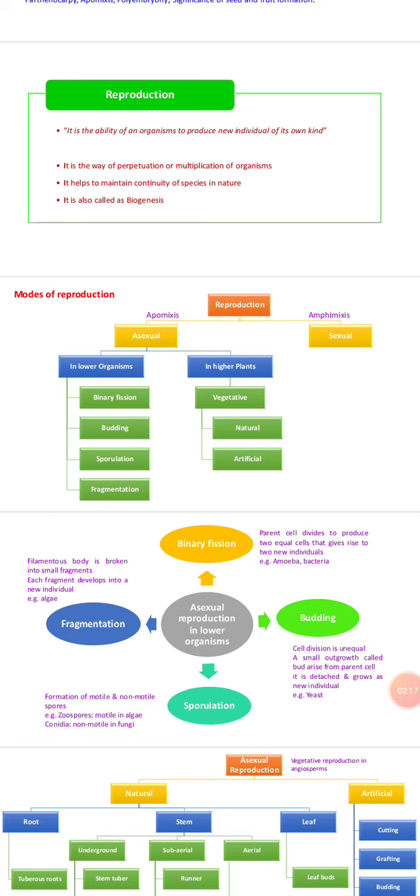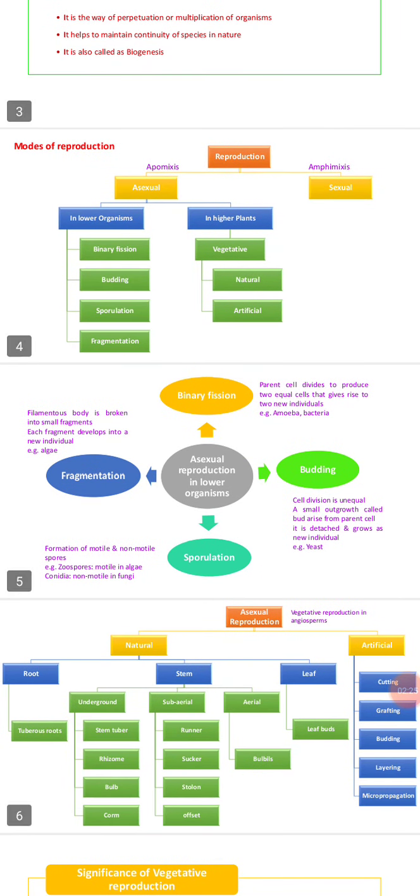How exactly does binary fission take place in the amoeba? Let us see. Amoeba is a unicellular animal, a shapeless animal. It doesn't have a proper shape and size like other highly evolved animals. Binary fission: bi means how many? Two.